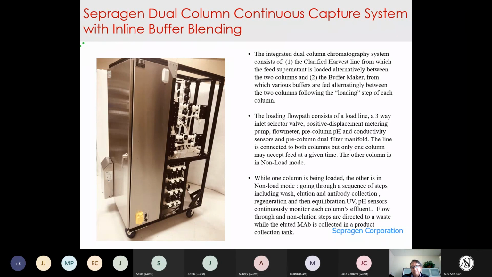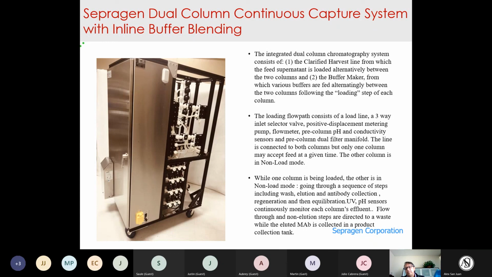We just developed and will be launching a dual column continuous capture system. So you have two columns, while one is loading, the other can be eluting, and going back and forth. We're also introducing a 3-column continuous system. But what's very exciting, the top part of this is the continuous system, and the bottom part here with these 4 different pumps and these different inlets is the buffer blending.